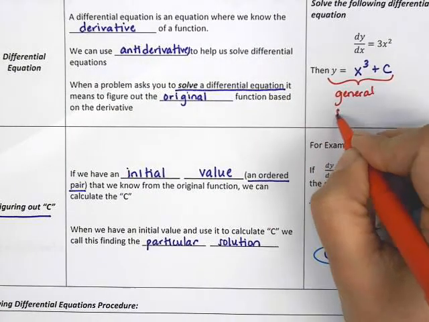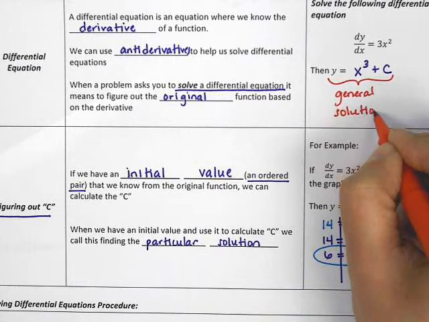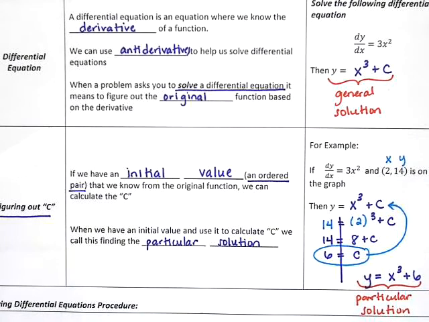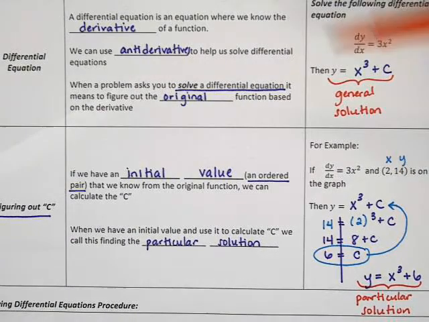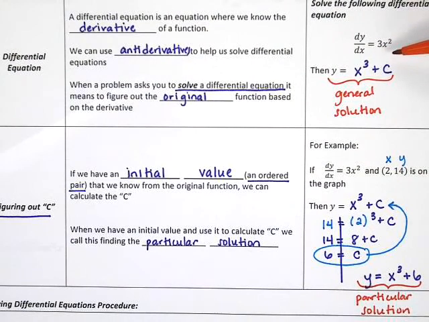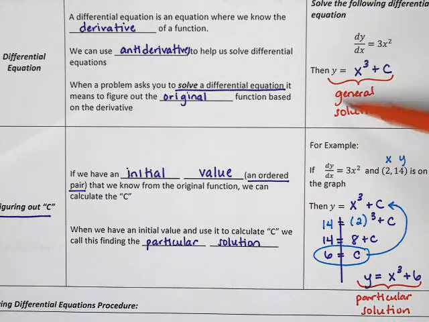And the reason we would call this the general solution is that in general, all of the solutions to this differential equation are going to have this format. It's going to be x cubed plus some constant, but what constant we put there depends on the initial value. So this is the general template, and this is the particular solution that crosses through the correct ordered pair that we were looking for.